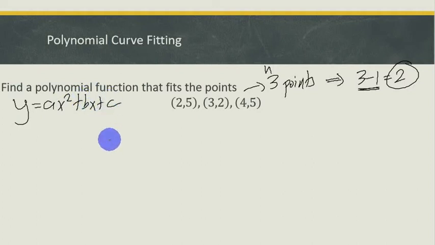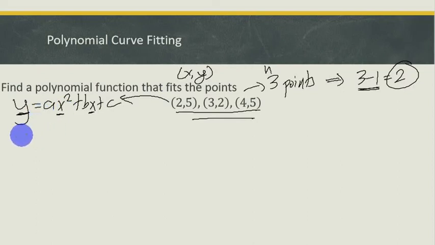What we're going to do now is plug in these values into this function. And how do we do that? Remember that an ordered pair is of the form (x, y). So we replace the x-coordinates in the x, and we replace the y-coordinates in the y. For example, if we plug in (2, 5) here, we're going to have 5 is equal to a times 2 squared plus b times 2 plus c.